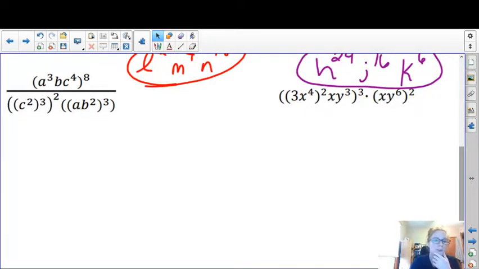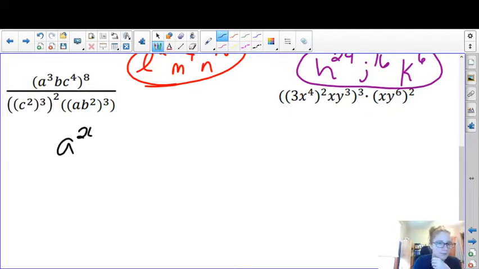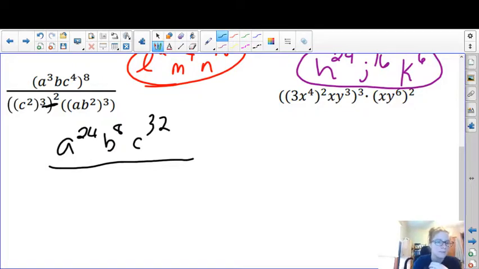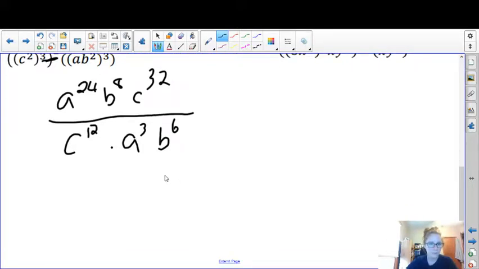Okay, everything on top is going to start by getting that 8. So I have a to the 24, b to the 8, c to the 32, over, this is going to give me a 6, so I have c to the 12, times, write down, a cubed, b to the 6th. 24 minus 3 is 21.